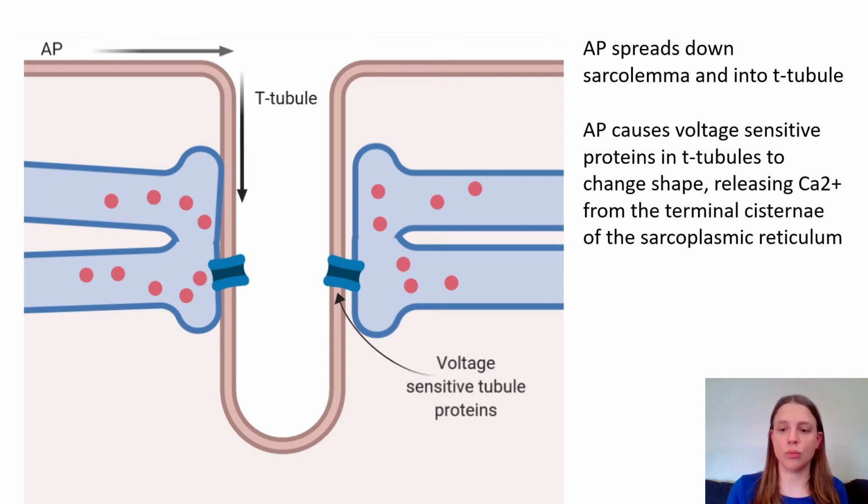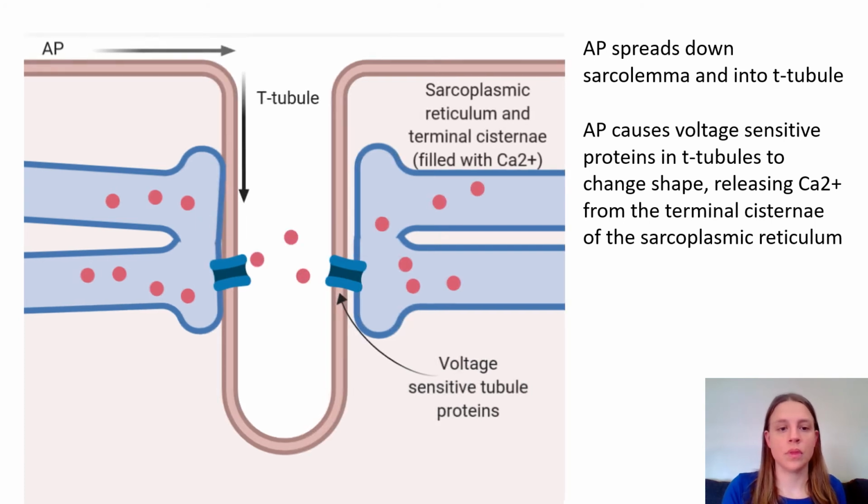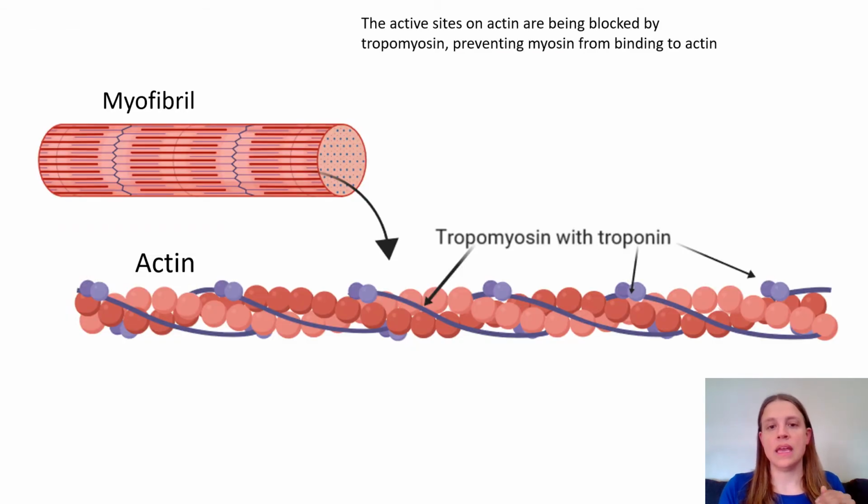Specifically next to the T-tubules, there's the terminal cisternae. So the change in shape happens, and then the calcium goes from the sarcoplasmic reticulum into the cytosol, into the cell. Once the calcium is released into the cell, it can then react with the actin and myosin.